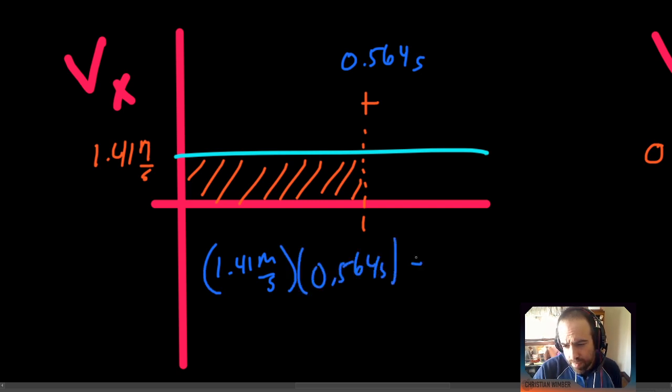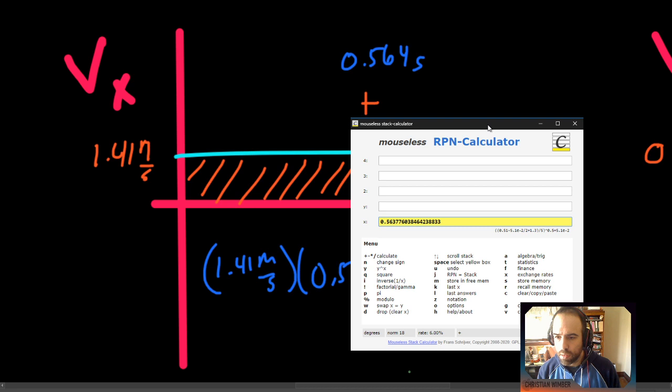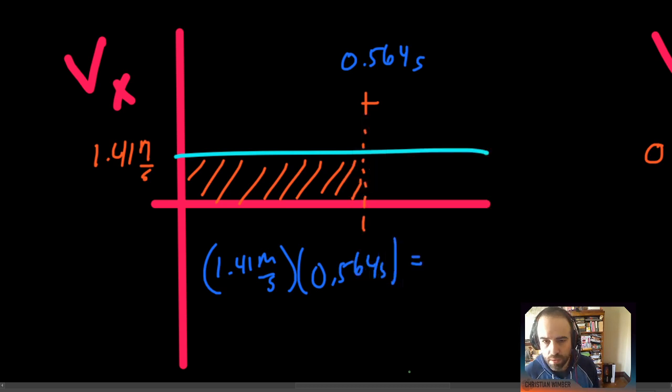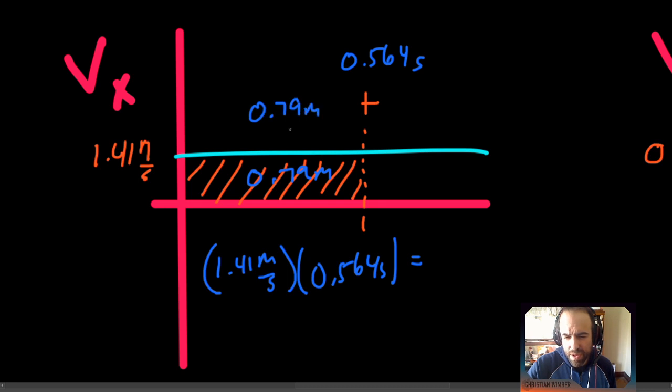Turn on the calculator again. I end up getting 0.795, or 0.79, I think is where we'll end up rounding at. Which, you guys probably can't read that, 0.79 meters, which is the same answer that we got last time.